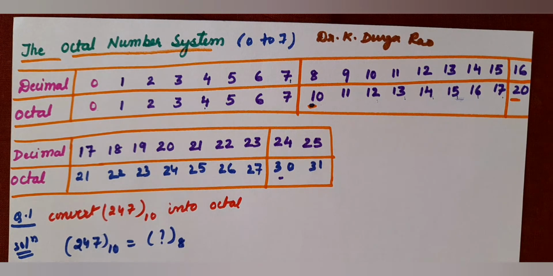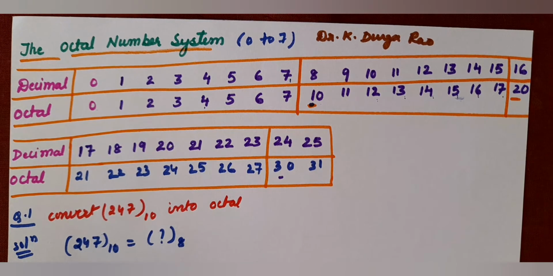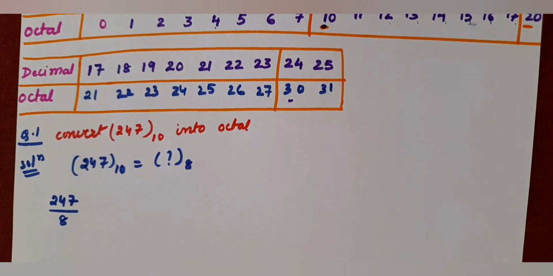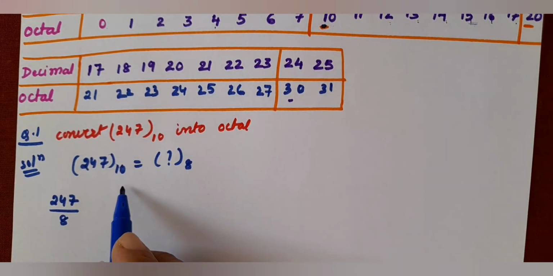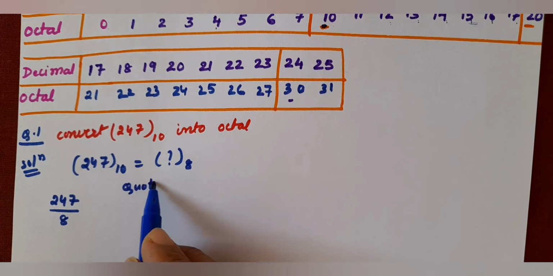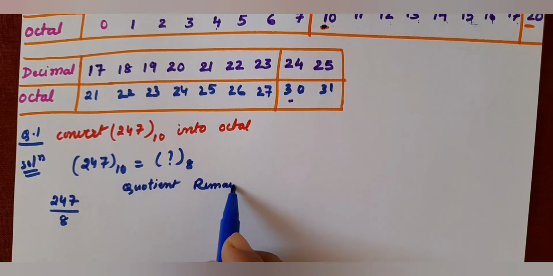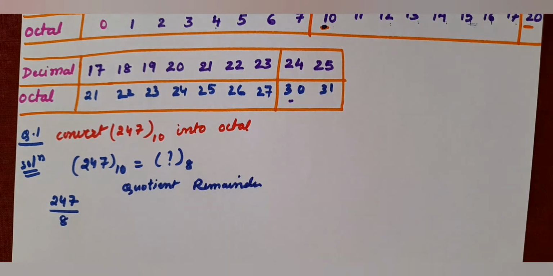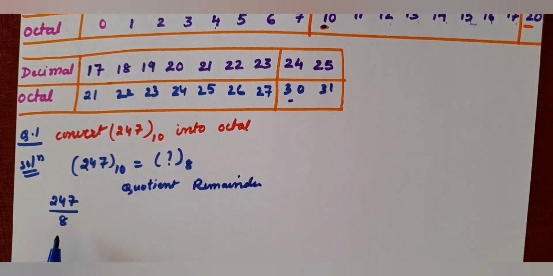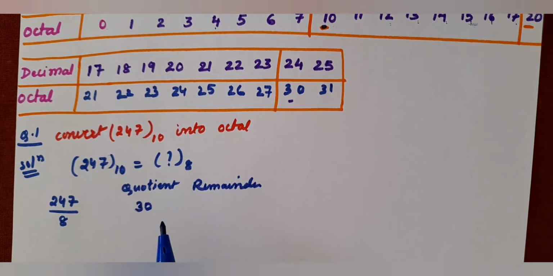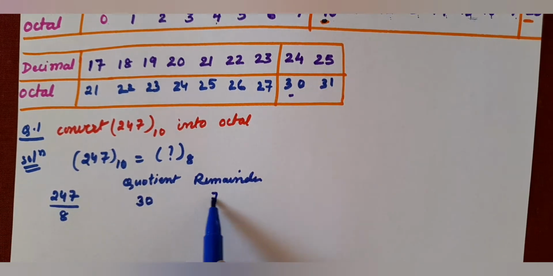How to do it? Divide 247 by 8. What is the quotient? And what is the remainder? Note it down. Okay. By dividing 247 by 8, the quotient is 30 and the remainder is 7.